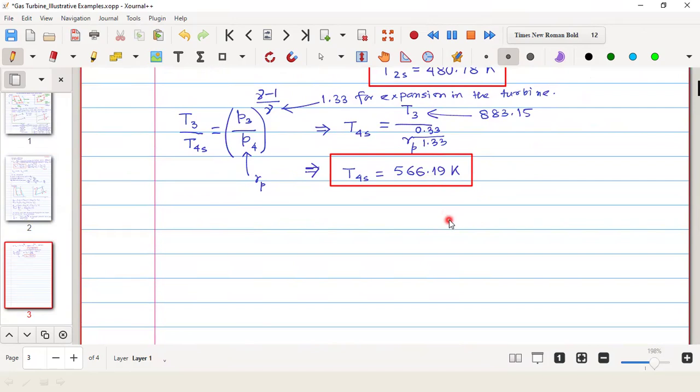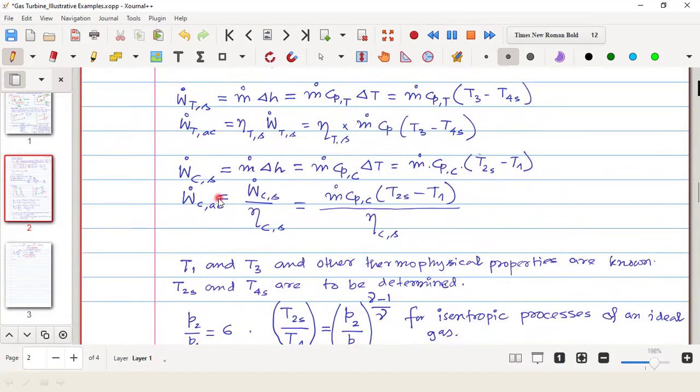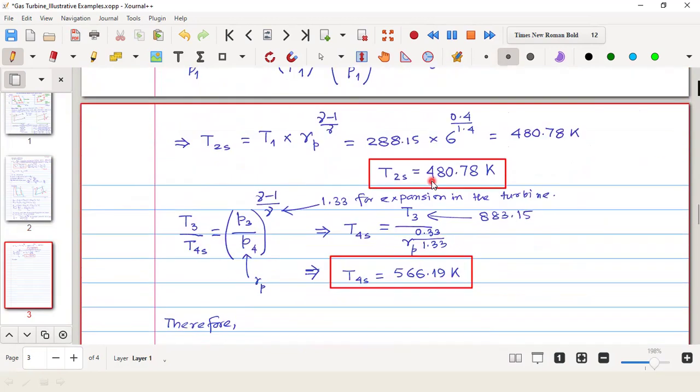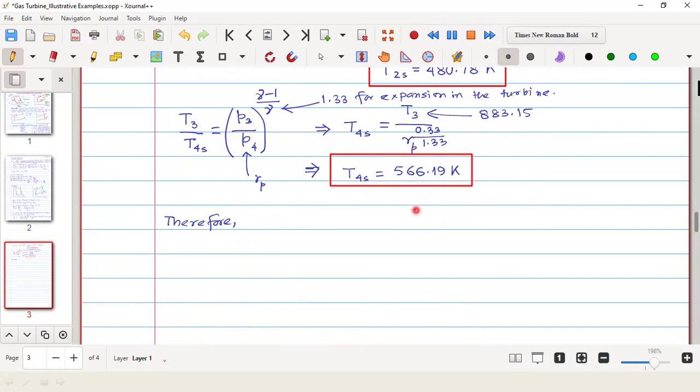So for the turbine, using this equation, turbine actual work, WT actual, that is efficiency.